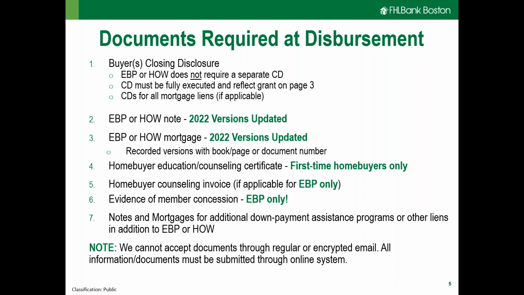But a good example would be if you're doing a 30-year fixed and it's a conventional, and then all of a sudden you're switching to an FHA. I would recommend reaching out to us and letting us know, because especially if you're using the HOW program, HOW can be used toward down payment only, and the way that FHA programs are structured, there's a base loan amount and then a final that has that upfront MIP.